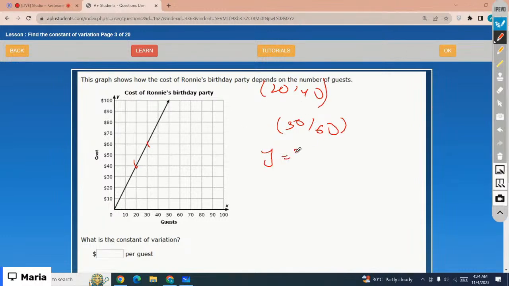Okay, that is change in y, 30 minus 20, divided by change in x, 60 minus 40, that is 10 divided by 20, that is 1 over 2. So the correct option is 0.5.